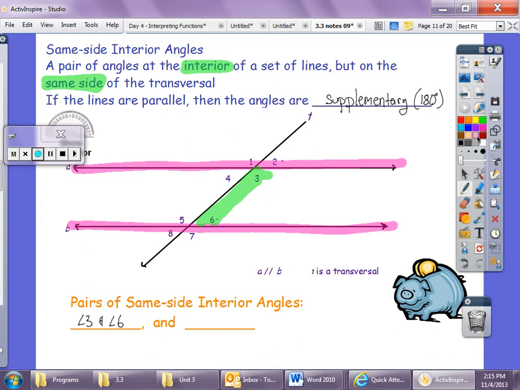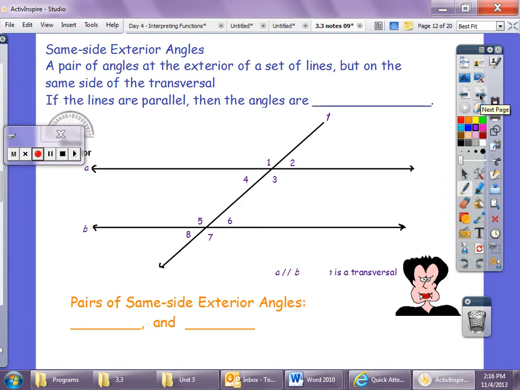And then you also have angles 4 and 5. Same side interior angles. Add up to be 180 degrees. They are supplementary angles. Then the last one, the same side exterior.